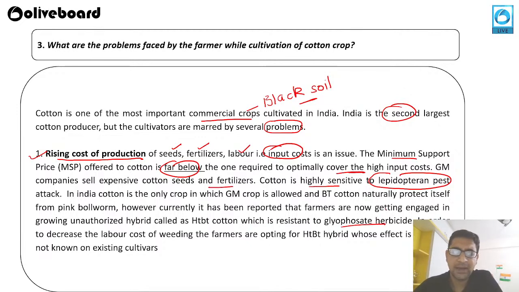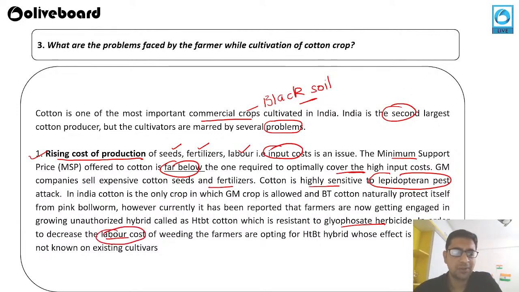So normally farmers are asked to grow GM crops, genetically modified crops, which protect themselves. But right now farmers are facing a little bit of a problem in utilizing these kinds of seeds because of some issues related to them.